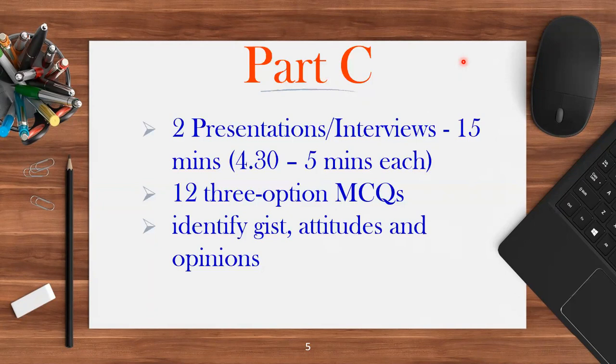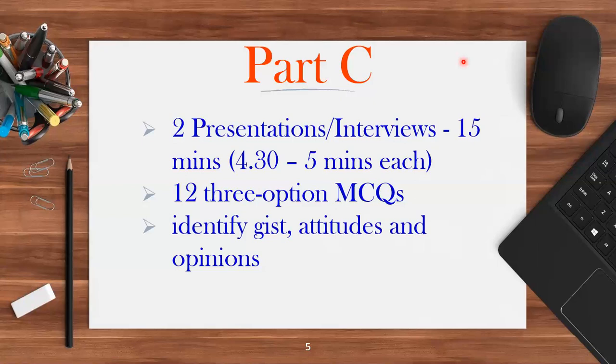So in addition to listening to the interviewer's questions, you need to read the question on the question paper. Your priority is to get the question on the question paper, because that is what you're supposed to answer and not the questions of the interviewer.